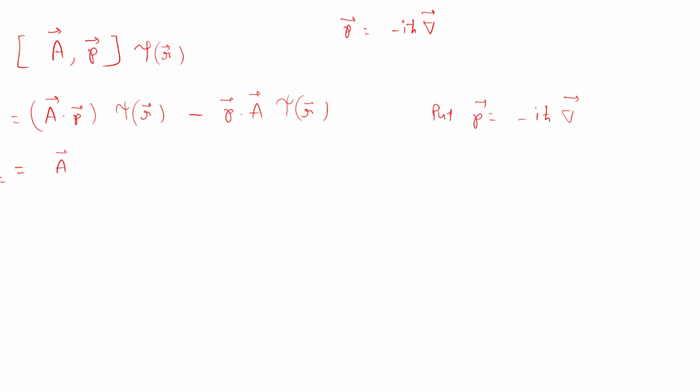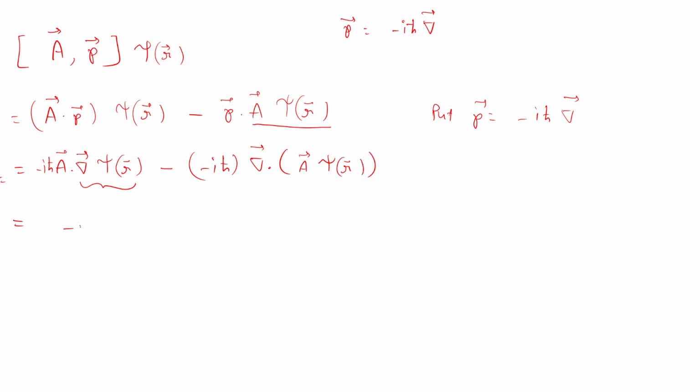So A dot minus i h cross gradient psi of R, minus, minus i h cross gradient acting on A psi of R. First we have to operate A on psi, and A operating on this just means multiplying: A times psi of R.